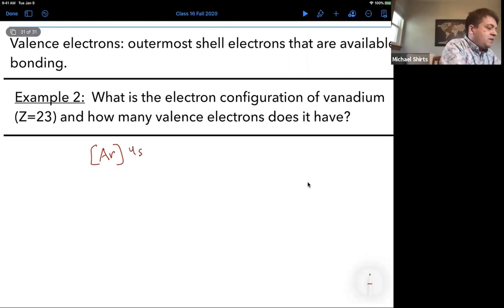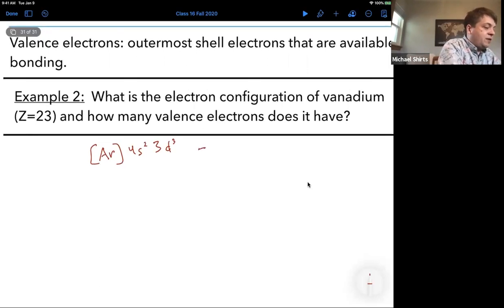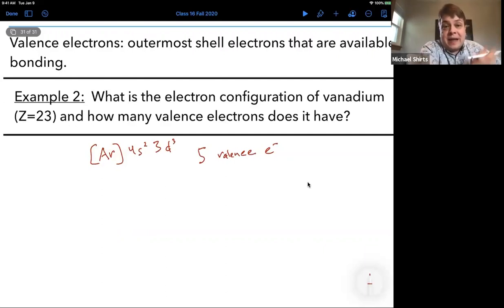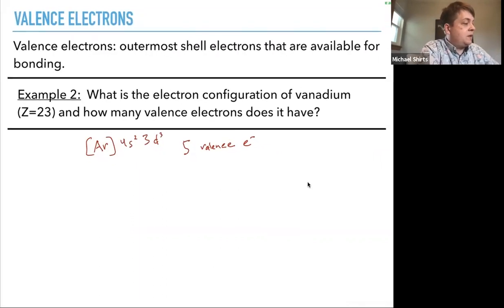We're going to start with the 2 4s electrons and 3 3d electrons. That gives us 5 more electrons, and therefore there are 5 valence electrons. That's all there is, and that's the electron configuration of vanadium. There are 5 valence electrons that are available for some type of reaction.